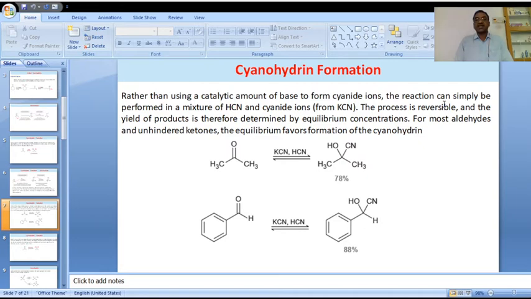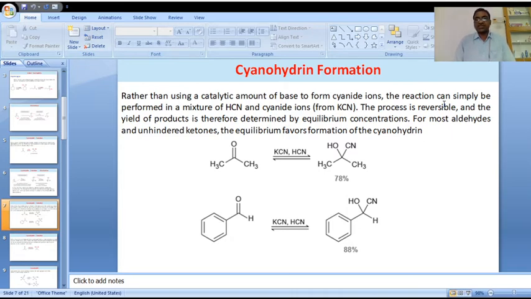That cyanide ion is generated from potassium cyanide. In the presence of this catalyst, potassium cyanide or cyanide ion, addition of HCN takes place. Is it clear? In aldehydic or ketonic reactions, potassium cyanide is generally used as a catalyst.